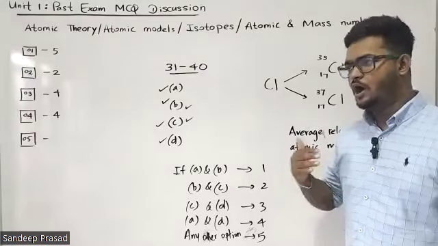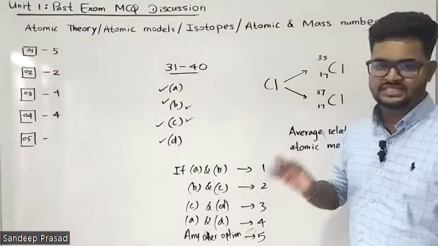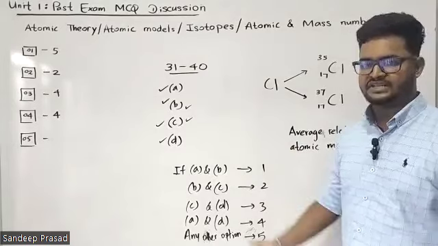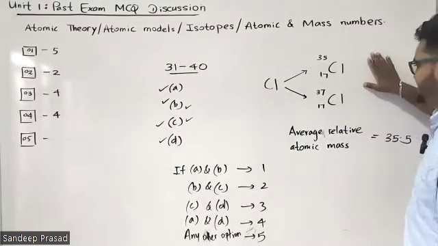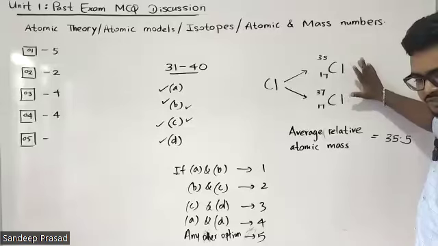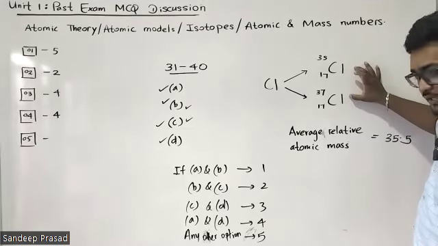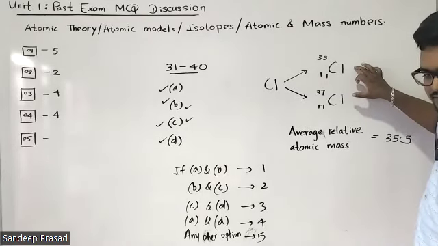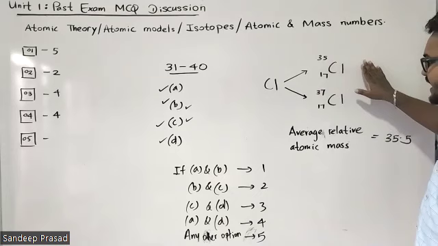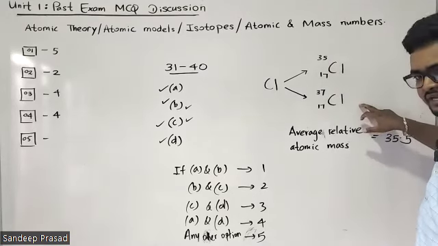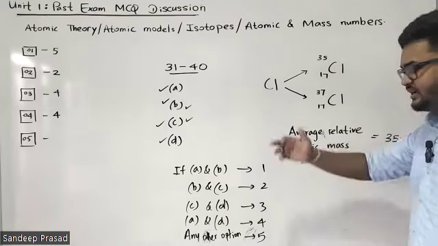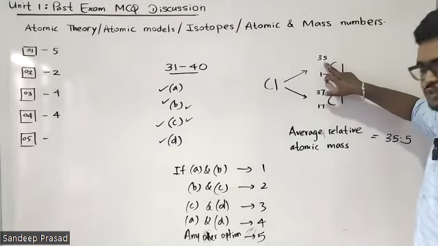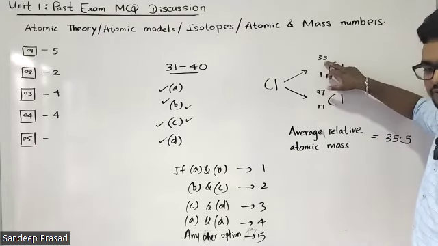Relative abundance means how much that isotope exists in nature as a percentage value. For example, I'm telling you values that are not correct, for instance, if chlorine 35 is 80% and this is 20%, then the average relative atomic mass is very close to the value of the isotope with the highest relative abundance.